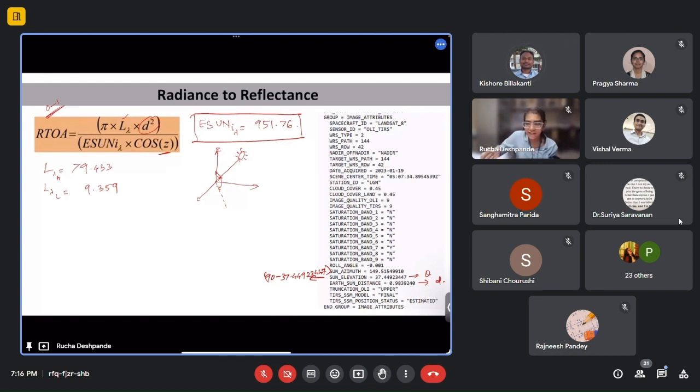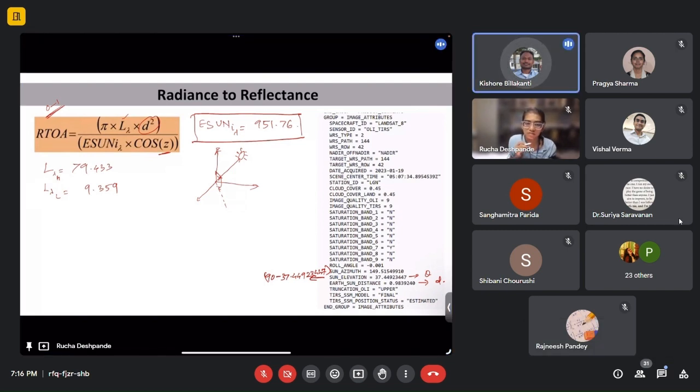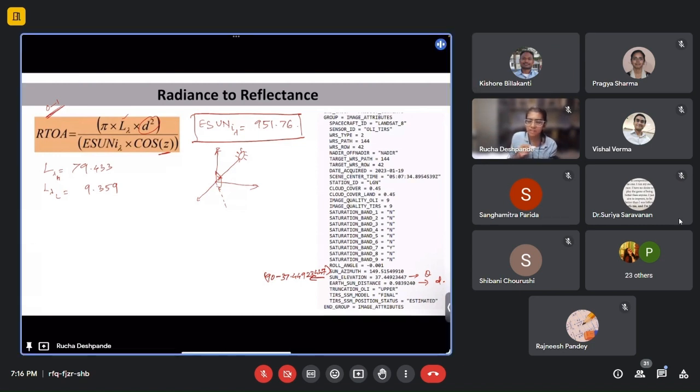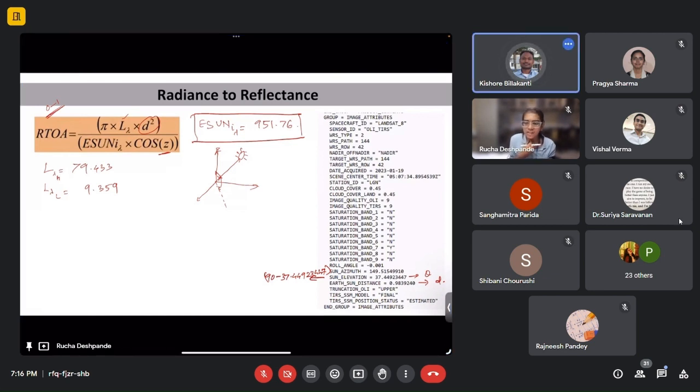For Landsat 8, there are different values given in the metadata, and this exoatmospheric correction is not really required. I took this for the example. But when it comes to the examination, this is a value that will be given in the problem statement itself, so you don't need to calculate it separately.